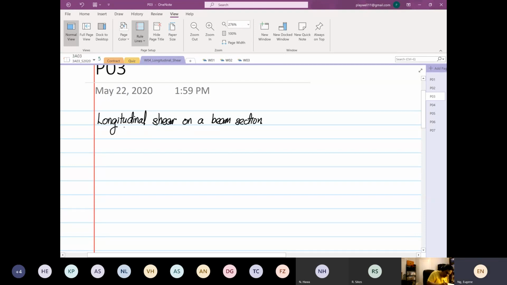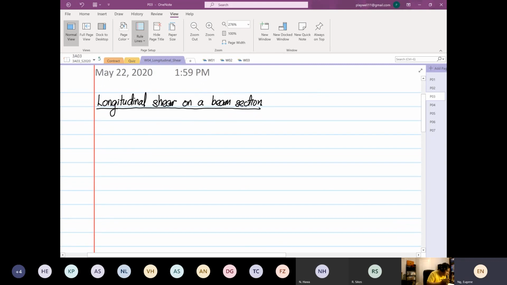Okay, we're going to look at longitudinal shear of a beam section. So we're going to analyze. So for this case, what is so different? Okay, what is so different?